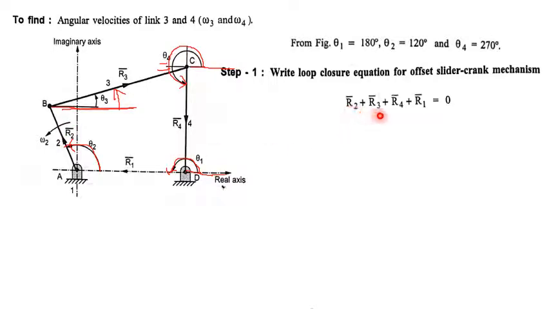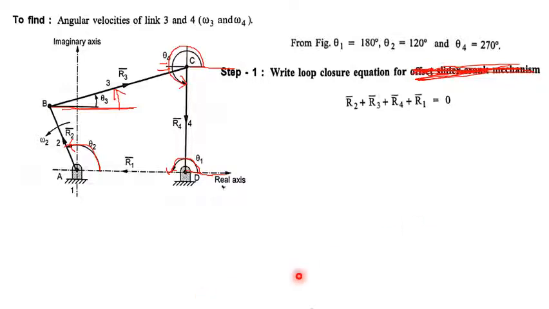Therefore, R2 plus R3 plus R4 plus R1 vector is equal to 0. This is the loop closure equation for a 4 bar mechanism. This is not a slider crank mechanism, it is a 4 bar mechanism.